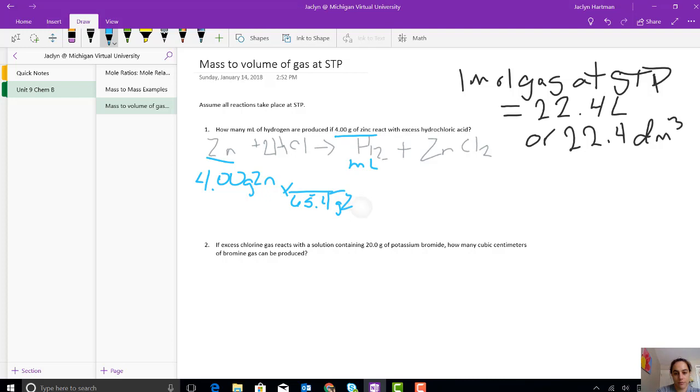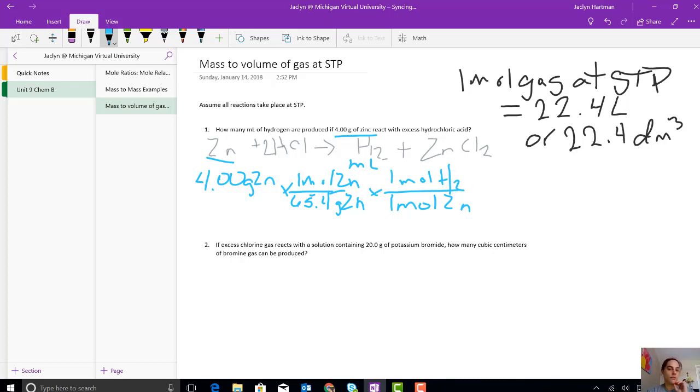Yes, I have a lot of the periodic table memorized from years of chemistry, but I still keep it handy because sometimes I have to double check. You should keep yours handy too. Now I'm going to convert from moles of zinc to moles of H2, using the coefficients in my balanced equation. So it's a 1-to-1 ratio.